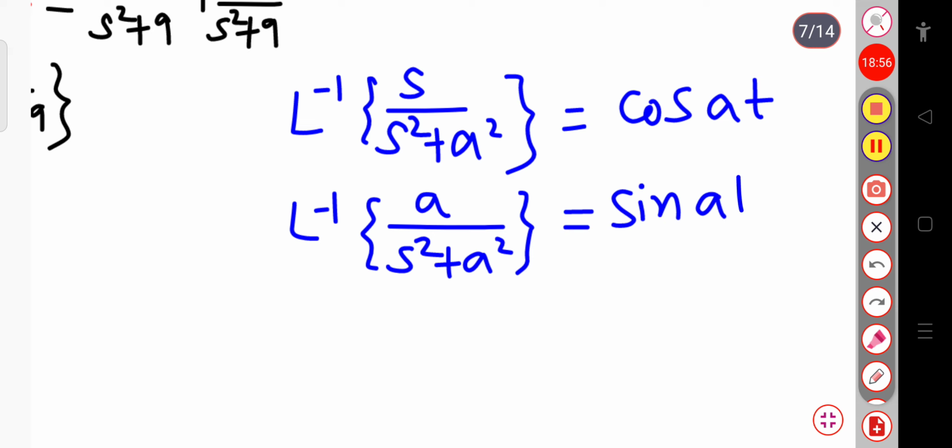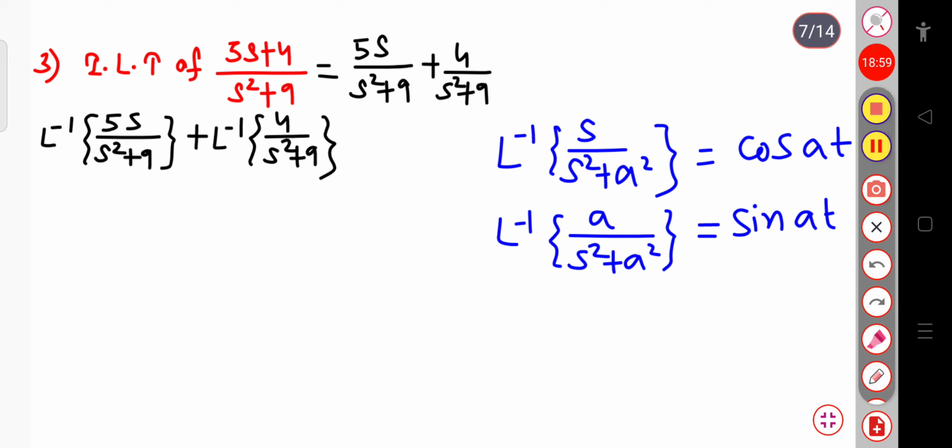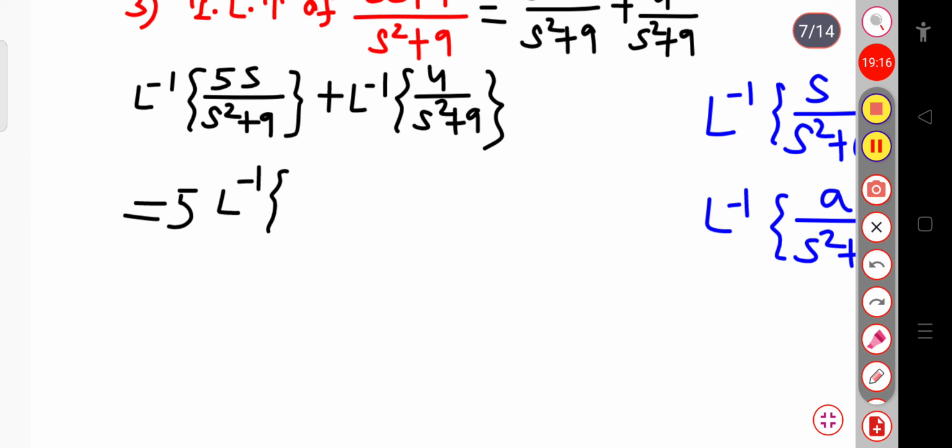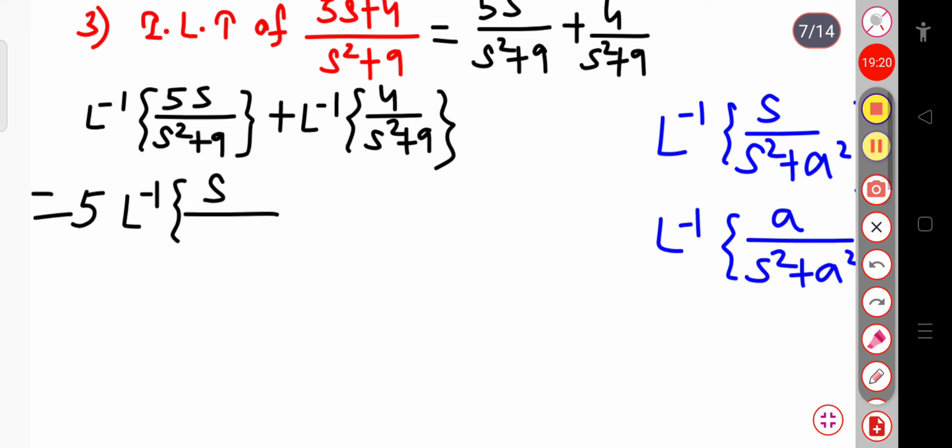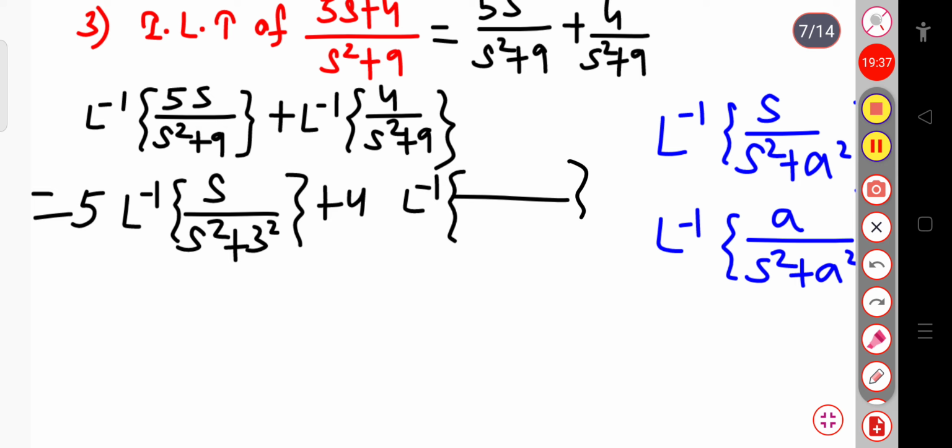Now if I compare the first term, the Laplace inverse of 5s divided by s square plus 9, taking the 5 outside, this will be 5 into the Laplace inverse of s divided by s square plus 3 square. And for the second term, taking the 4 outside, this will be 4 into the Laplace inverse of something divided by s square plus 3 square.